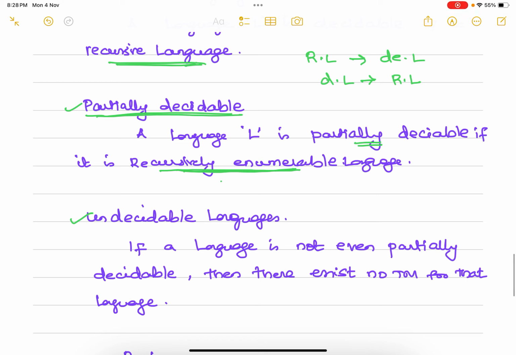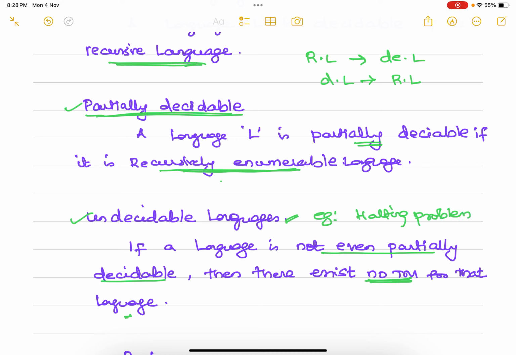If a language is not even partially decidable, then there will not be any Turing machine we can have for that language. There is no Turing machine that exists for that type of language. All those languages fall under the category of undecidable languages. One such famous example of an undecidable language is the halting problem.